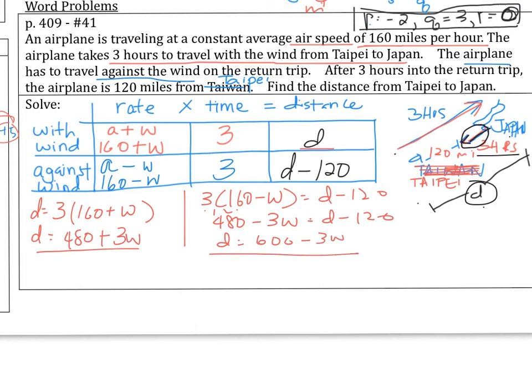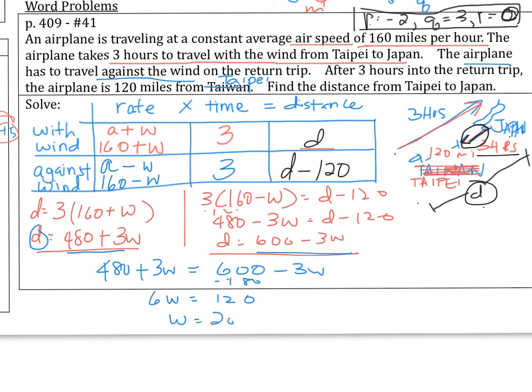Now that I have two equations, d equals 480 plus 3w and d equals 600 minus 3w, I can use substitution and set both equations equal to each other and solve for w. This will be 6w, and I'm going to subtract 480 to get 120. W would equal 20 miles per hour for the wind speed.